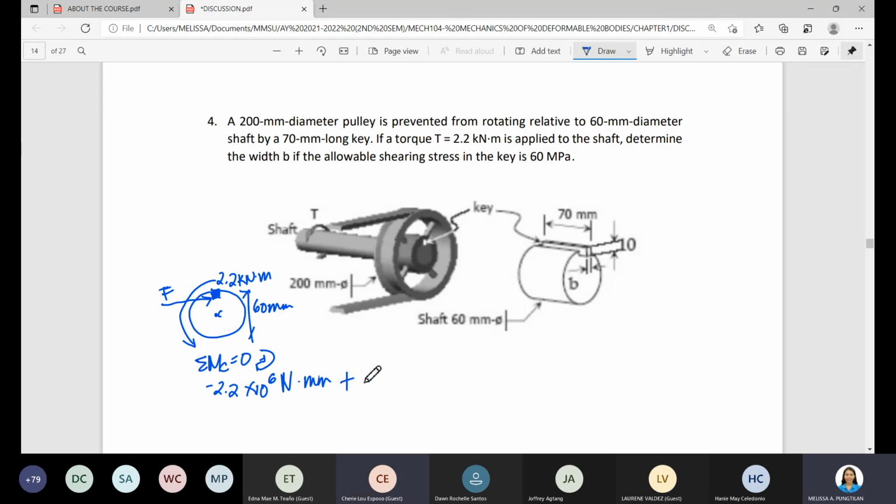Plus F, our force, the moment arm is just the radius, which is 30 millimeter, equal to 0.